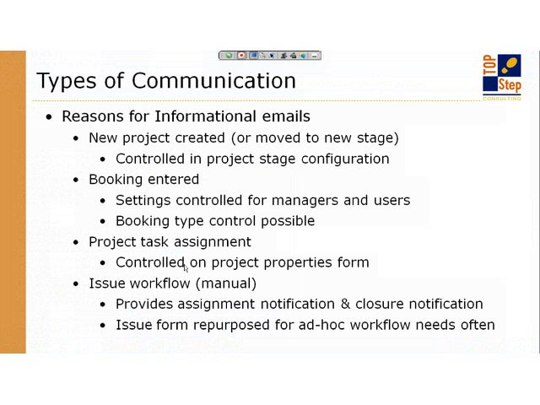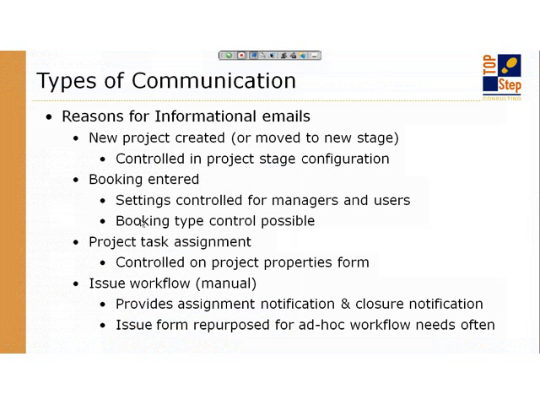Bookings being entered, and when should people be notified about the fact that they've been booked to work on a project. So bookings actually can be set up to send notifications to the person or to the manager of the person, but then there's a second level of control that you can say, well, based on the type of booking it is, I can decide whether I want to email someone or not.